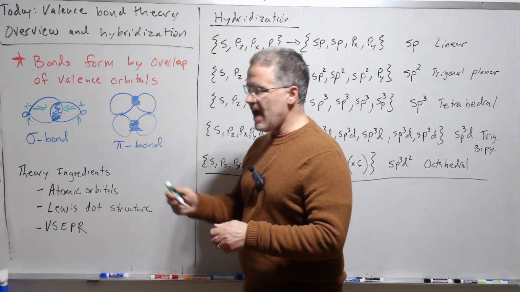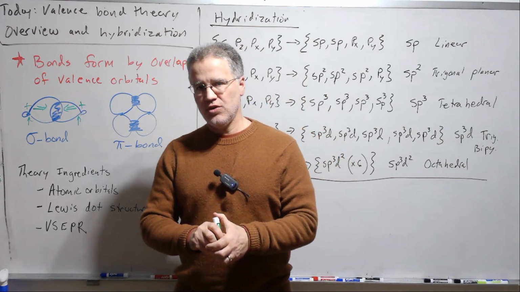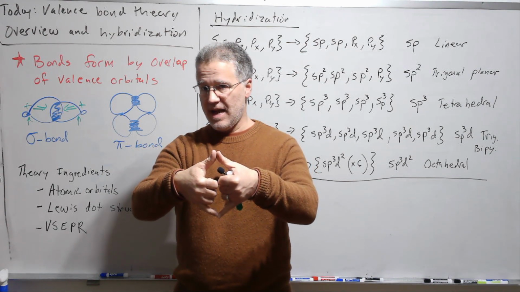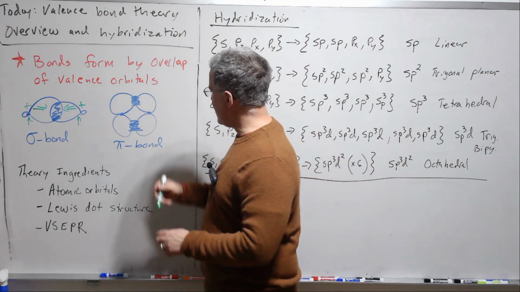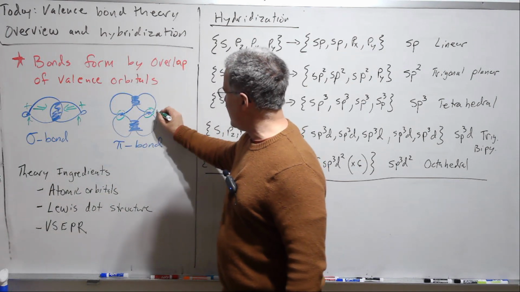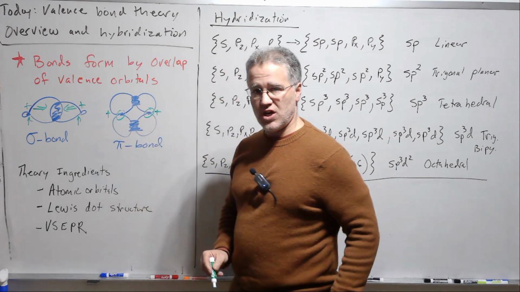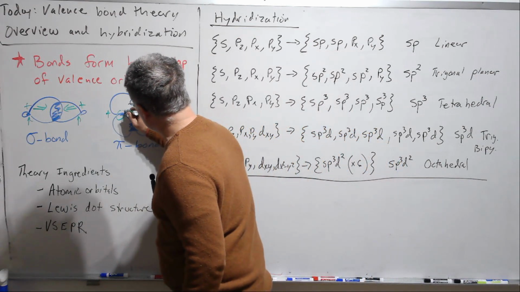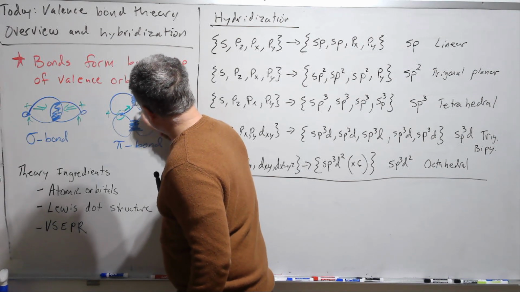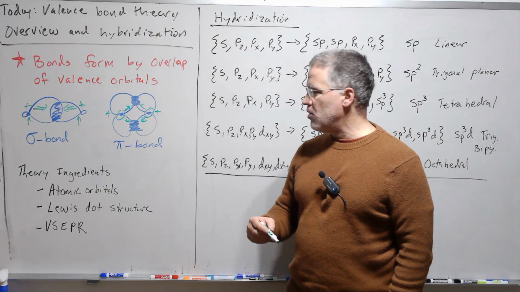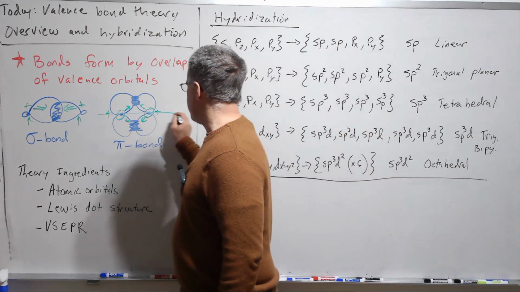Now, we can have orbitals, because we know about the p orbitals, that can come in side-on like this and overlap. And when they do that, the nuclei are here. So here are the nuclei. Positive charge, positive charge. Now they're going to want to repel, but there's a net attraction to the electron density that's above and below the bond axis.